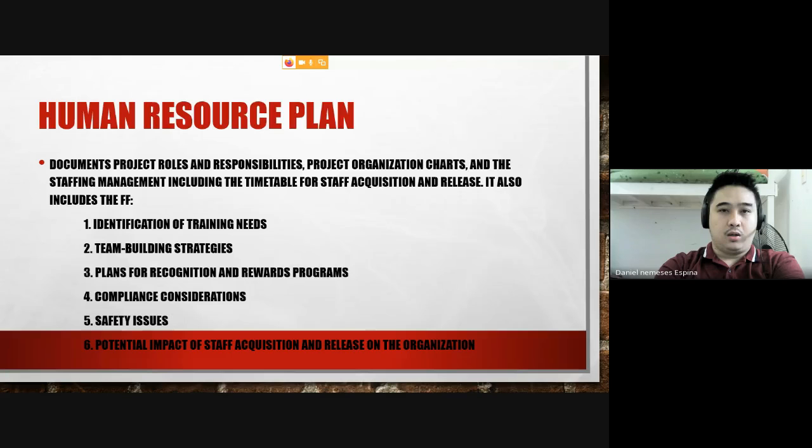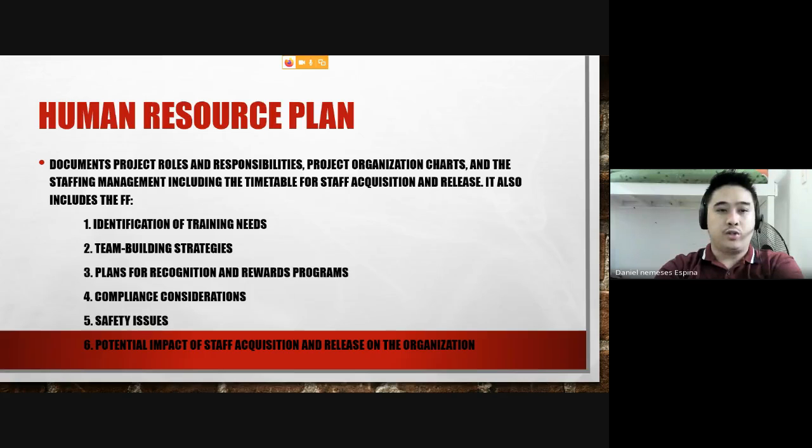So next, you have the human resource plan. This is the document, the output of the planning. It documents project roles and responsibilities, the organization charts, and the staffing management. It also has the timetable for the staff acquisition and release.